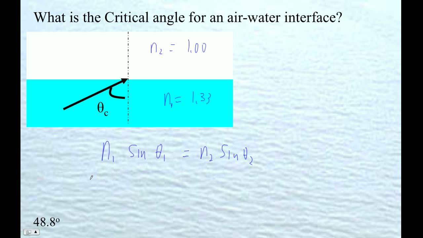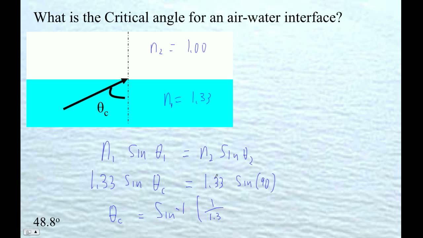N slow is 1.33. Sine of the critical angle, which you're trying to find, is 1.33 sine of 90.